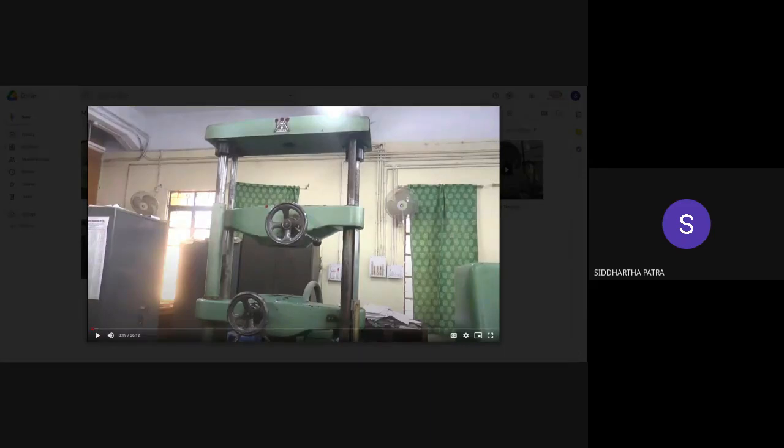Typically we would be doing tensile tests on different types of universal testing machines. Why are they called universal testing machines? Because you can do a lot of different types of experiments on this one, more than one experiment. For example, in your next semester you'd be having a bending test that we also do in the universal testing machine. So that part I wanted to add.